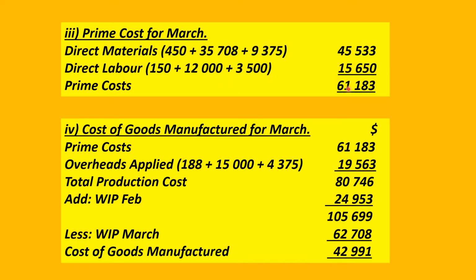Okay, so we take 61,183, add the overheads applied, we get the total production cost, and then we add on the WIP for February minus the one for March. And incidentally, this is the same format for your manufacturing account because we require the same thing here.